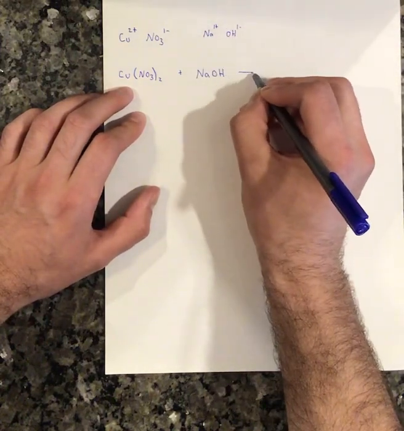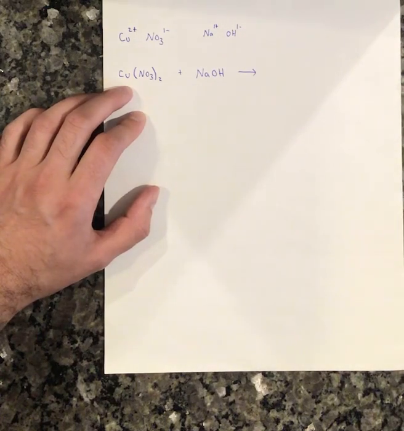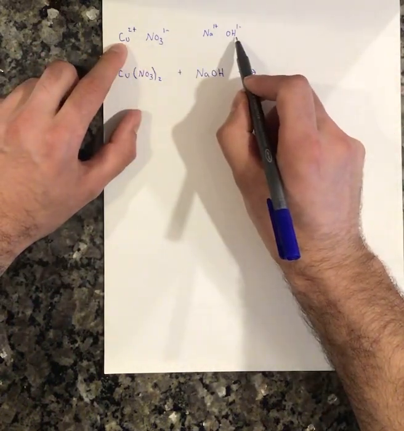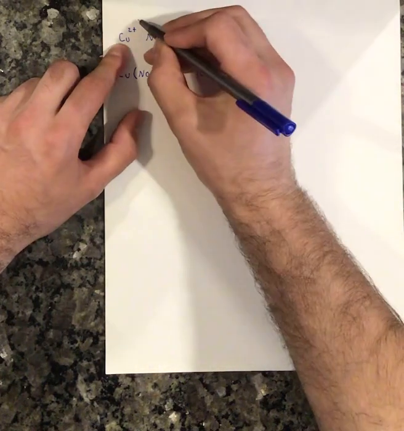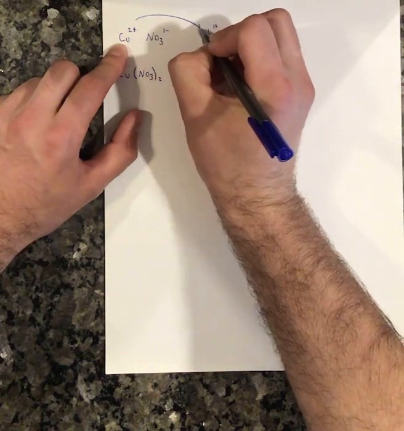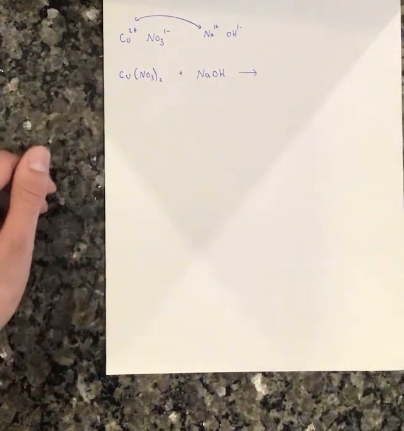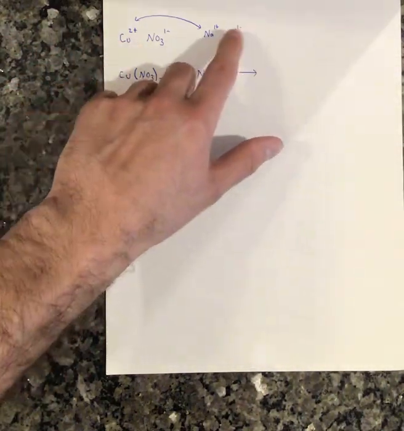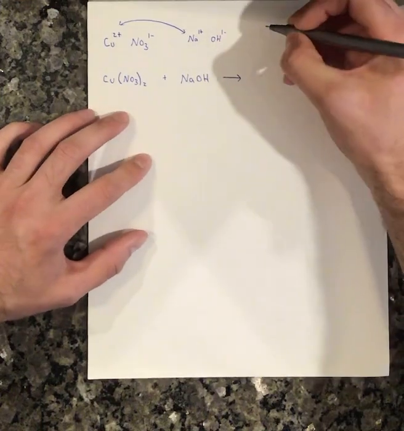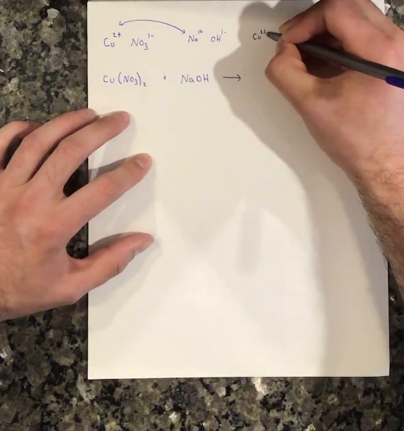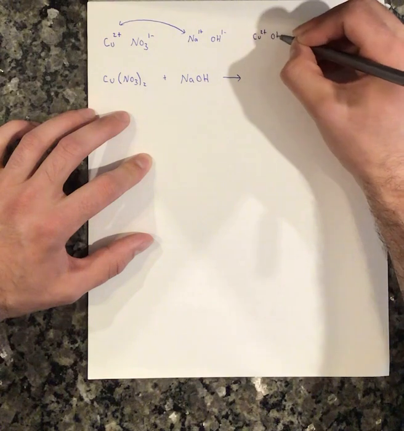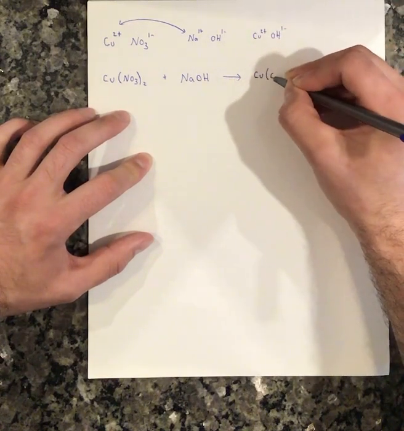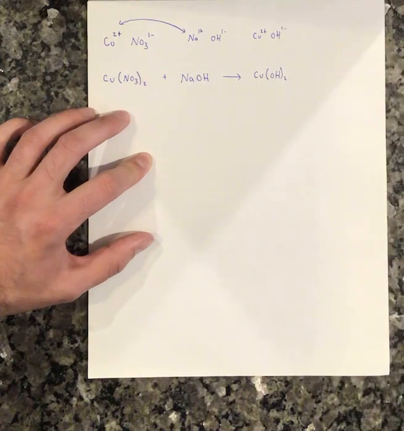And what we're going to be making is, well, copper and hydroxide will come together. Once again, the switch happens between the positives or the negatives, the same kind of switching. So copper and hydroxide come together. I'm still going to have copper 2+, because that's not changing, and OH 1 negative, and I'd get Cu(OH)2.